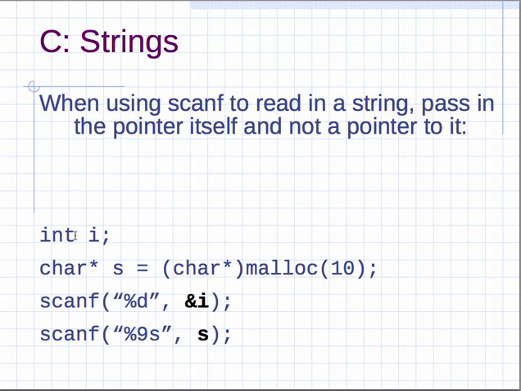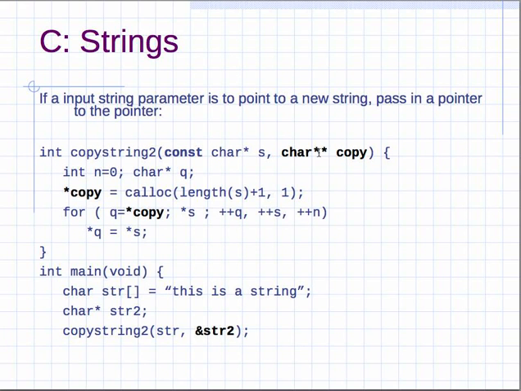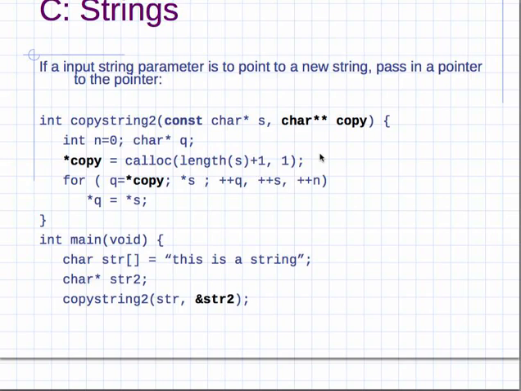Okay, so you can use scanf. You've used that to read an int. So for example, if you have an int i and you want to read in some input from the user, you can use scanf with %d for decimal number, integer. And remember that you have to pass in a pointer. If you want to change something, you have to pass a pointer.